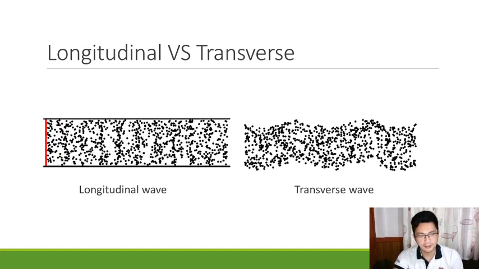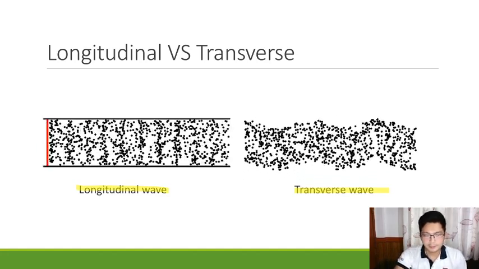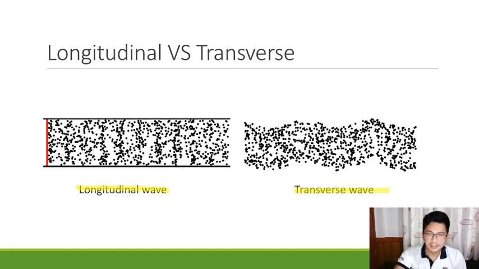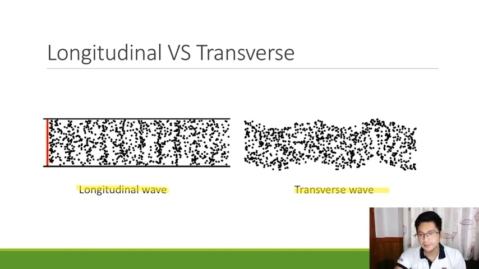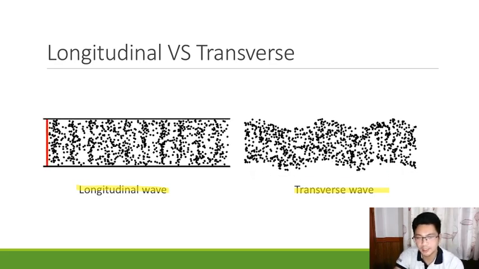So, kung nakikita nyo, this is an example of a longitudinal wave. The other one is a transverse wave. So, ano lang ba yung difference ng dalawa? Kapag sinabi natin na transverse waves, yung direction ng ating wave, perpendicular doon yung movement ng mga particles natin. So, itong maliliit na to na mga bilog-bilog, those are the molecules.